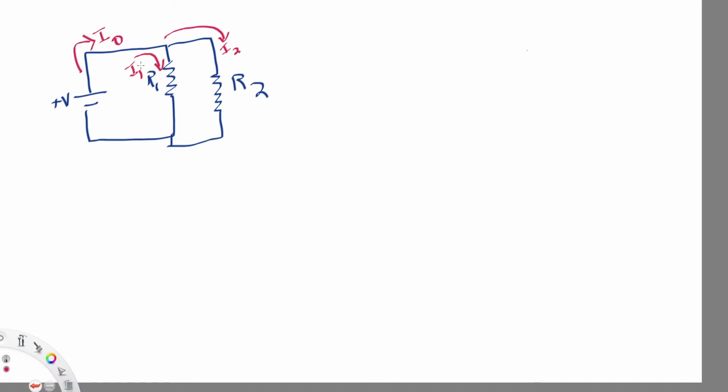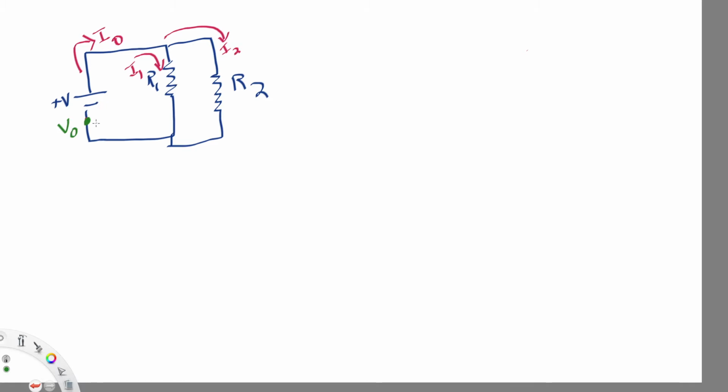So we just got finished talking about how if you go around a loop and you end up at the same point in a circuit, it shouldn't matter what path you took to get there. You should have the same voltage as when you started.